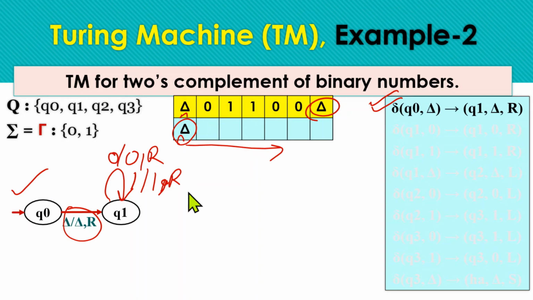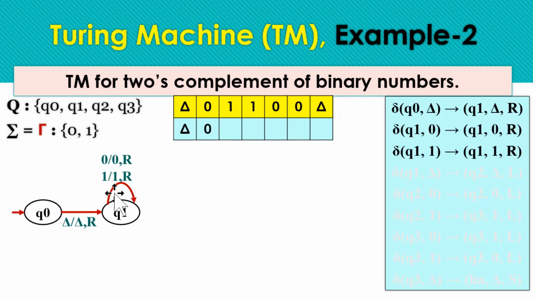So we are simply moving to the rightmost symbol of the input string without performing any computation or changing any symbol. These are the transitions.